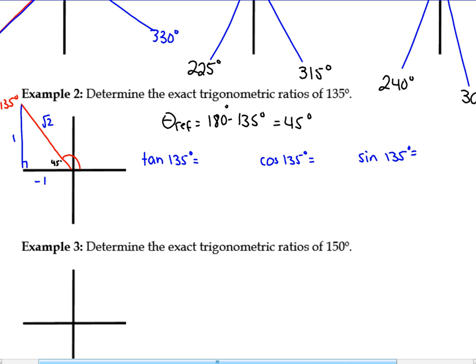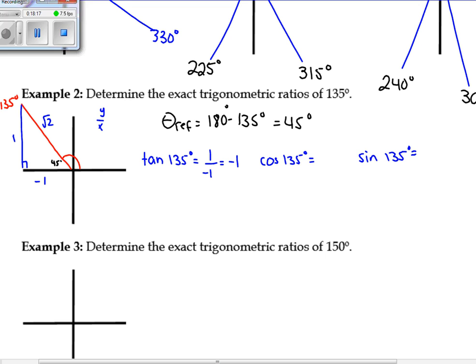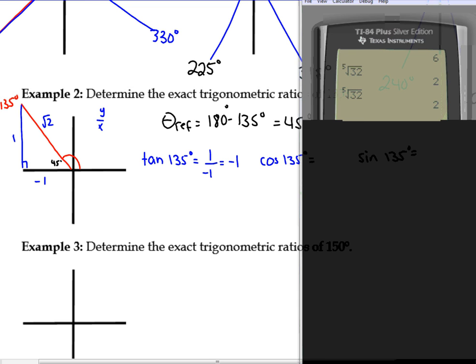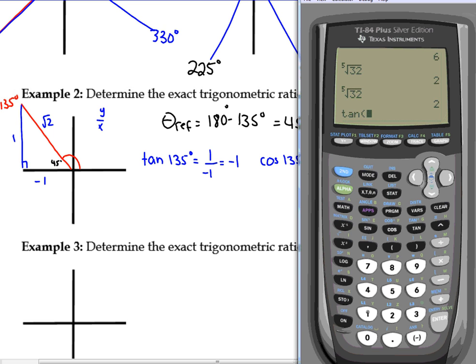Tan is y over x. So that would be 1 over negative 1, which reduces to just negative 1. Now I can check my work by just typing tan 135. Negative 1. There it is.